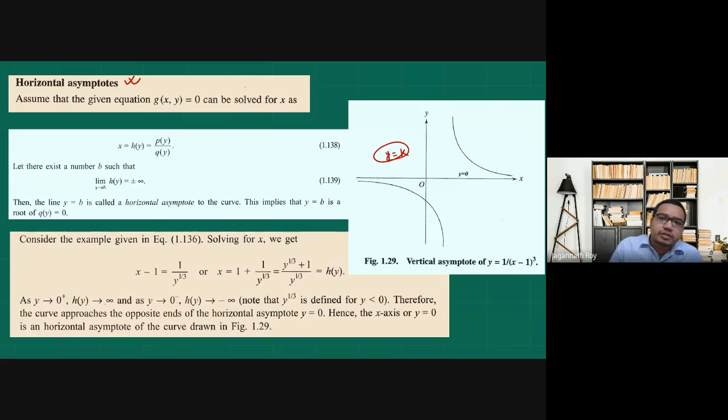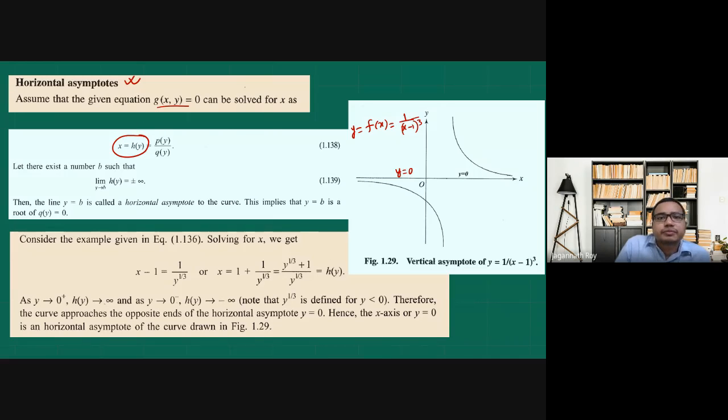Here, suppose we consider y equals 0 for the same function. Now the definition is, if we can write the given function as a function of this form.